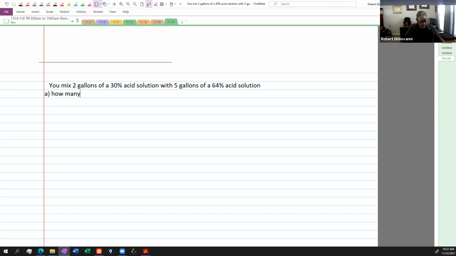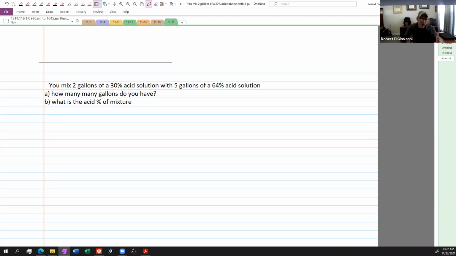How many gallons do you get at the end? That's the first question. And then the second is, what is the acid percent of the mixture?